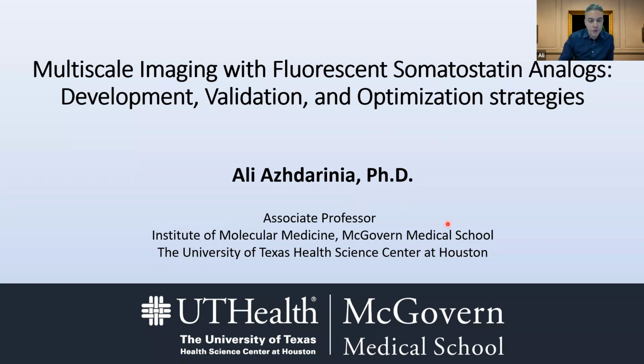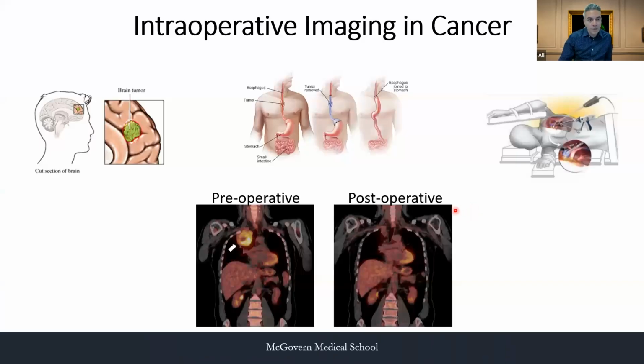Okay. So my research, particularly in this project, is focused in the area of intraoperative imaging in cancer. As we all know, tumors can form in basically any type of organ or location in the body.